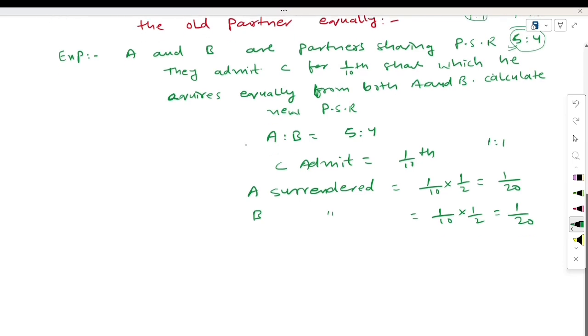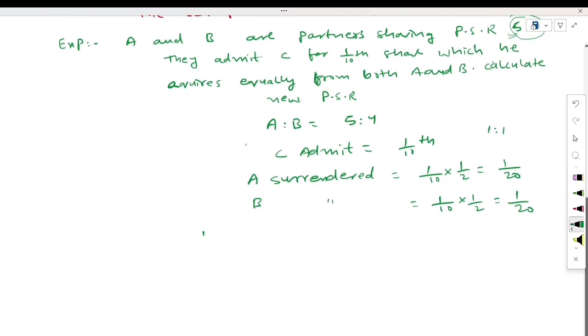Then what would be the new profit sharing ratio of all the partners? We have to calculate the new profit sharing ratio of A. A's share is 5 upon 9 minus 1 by 20. Here the LCM will be 180, 100 minus 9, which means 91 upon 180.